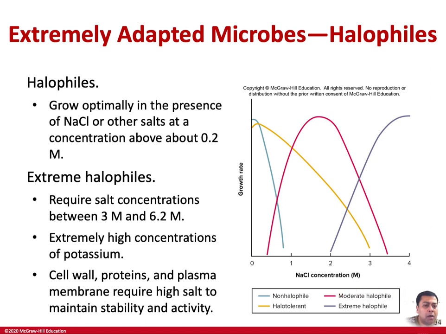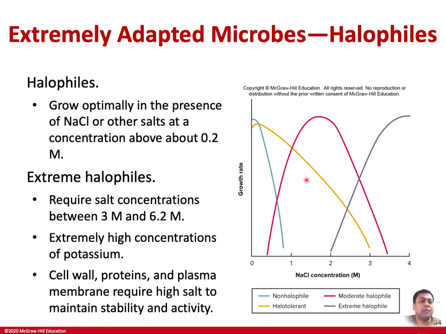Moderate halophiles grow from about 0.5 molar to approximately 3.5 molar, whereas a halotolerant organism can grow all the way up to about 3 molar, and the extreme halophiles can start from 0.2 molar and go up to 6.2 molar. Even at 4 molar, it is attaining the highest growth rate.